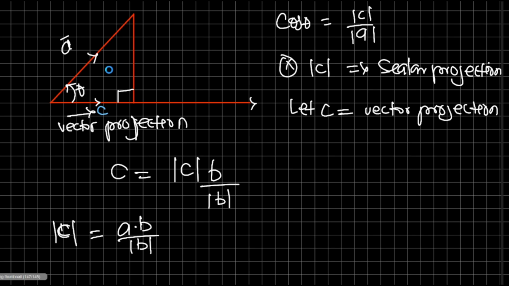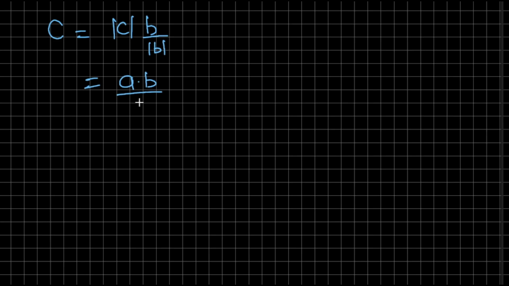So if we substitute into this formula, we have that C equals A dot B all over magnitude of B, multiplied by B all over magnitude of B.